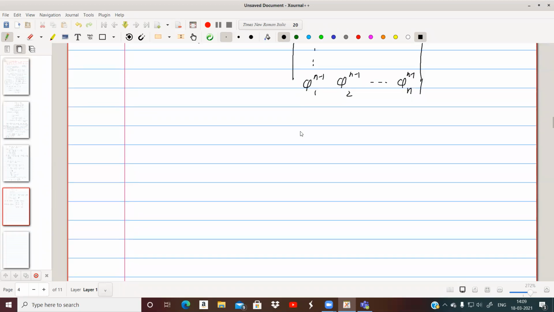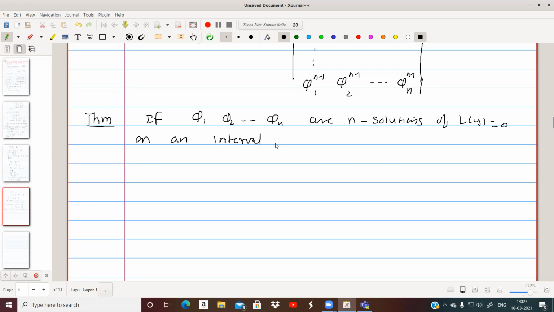The theorem we used earlier is similar here: if phi 1, phi 2, phi n are n solutions of L of y, a differential equation with variable coefficients on an interval, whatever order, that many solutions will be there.